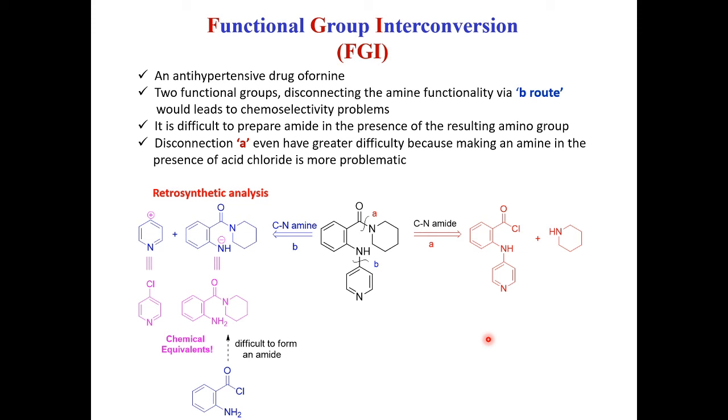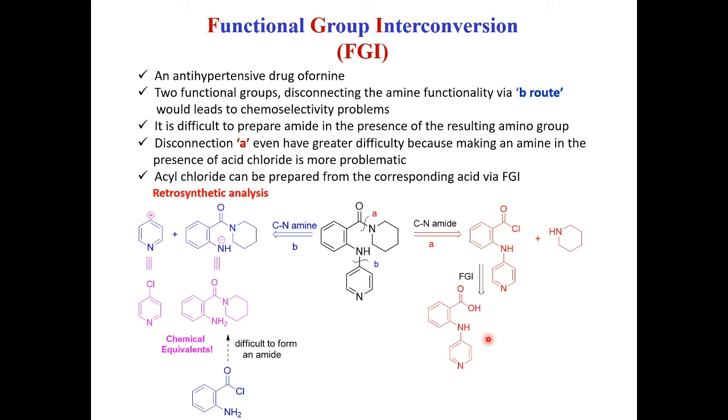So what is the solution? We know this acid chloride can be obtained from its corresponding acid by using an interconversion. So let's have a functional group interconversion: transformation of this acid chloride into its acid. It is not a disconnection, just an interconversion from one functional group to another to facilitate suitable further disconnections.